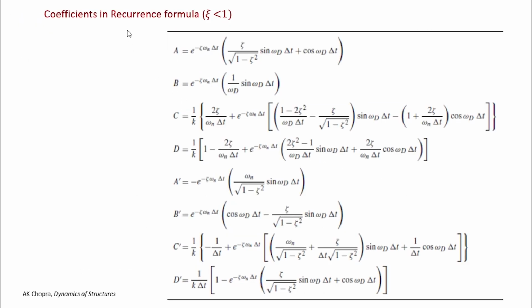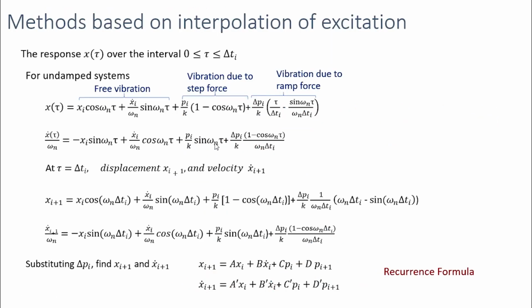The coefficients in the recurrence formula for an underdamped system are given by these expressions. These can be derived, but we are not going into the derivation because of time constraints. If we substitute the value of zeta equal to 0, we would get the coefficients for the undamped system. So if we rearrange the terms in these two expressions, we would get the coefficients for the undamped system.